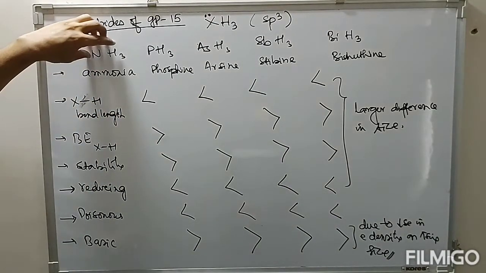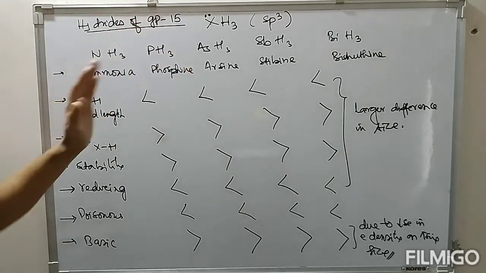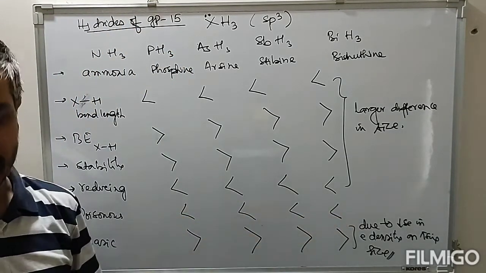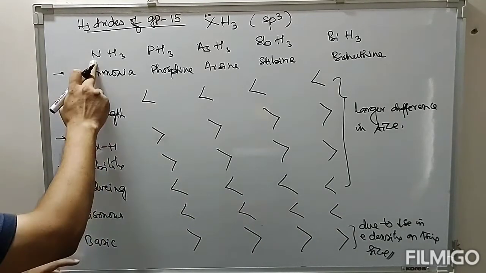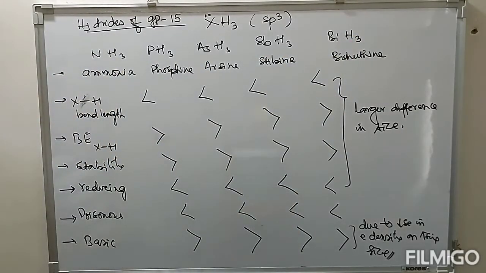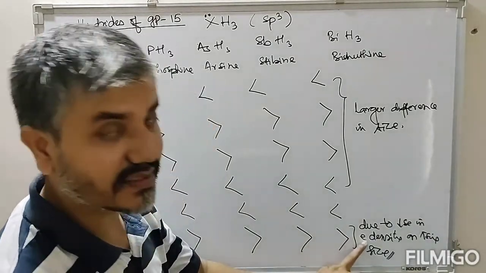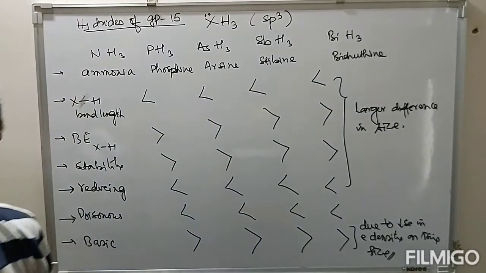So the smallest size has maximum electron density and maximum donor property. So this is the basic character of these hydrides, and you have to follow this. Ammonia is the strongest base and bismuthine is the least basic. The reason is that electron density decreases down the group with increase in size.